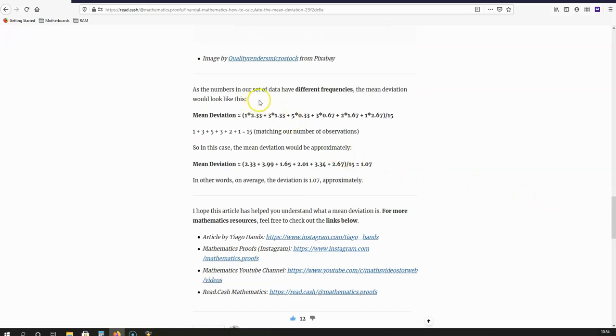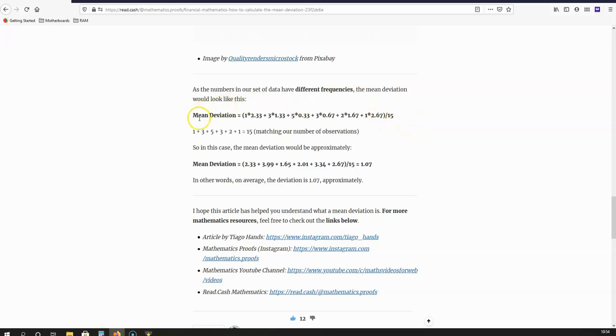As the numbers in our set of data have different frequencies, the mean deviation would look like this. 1 times 2.33 plus 3 times 1.33 plus 5 times 0.33 plus 3 times 0.67 plus 2 times 1.67 plus 1 times 2.67 over 15.